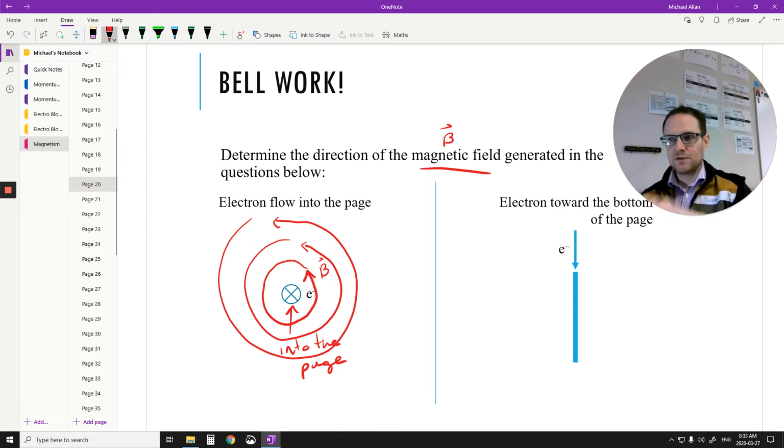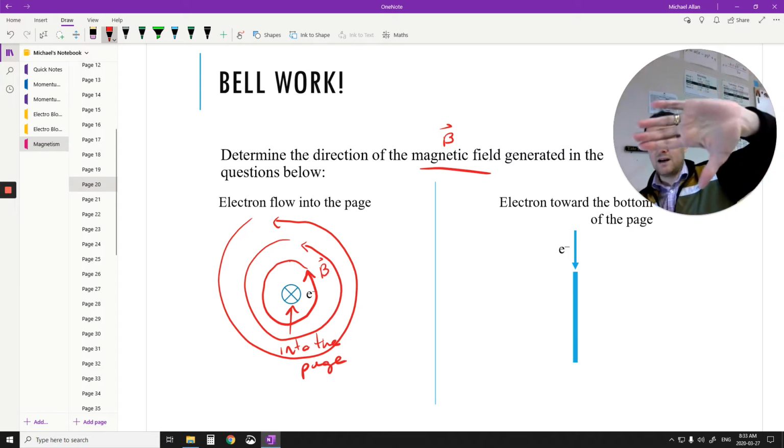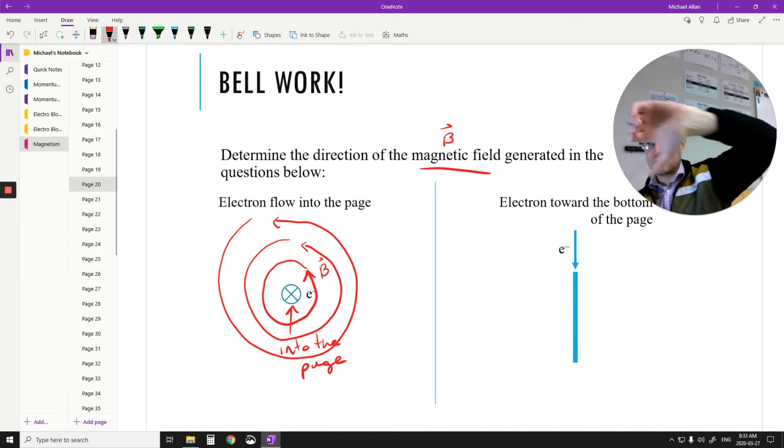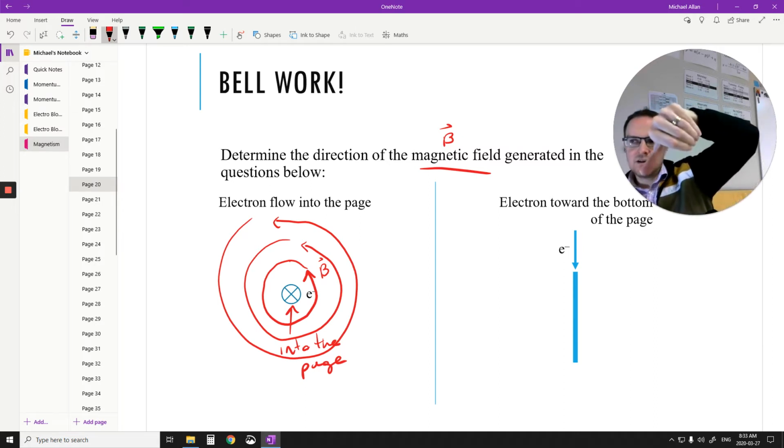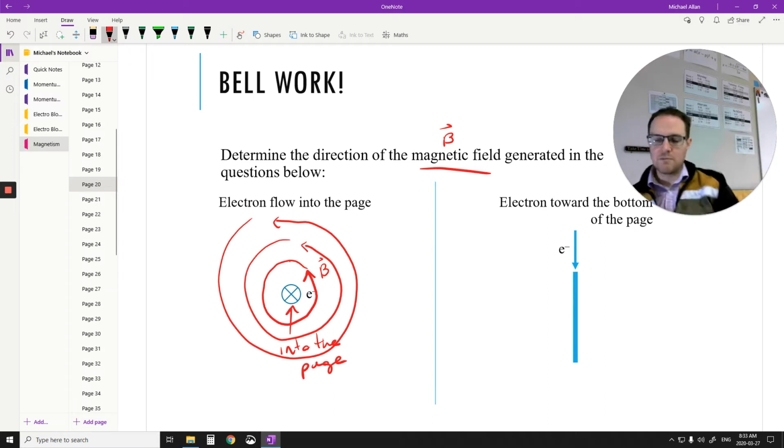Okay. So you're going to follow the same rule for the next one. You can see my electrons are flowing down. So again, I'm going to use my left hand. I'm going to point down, and then my fingers wrap around in this direction here. They're going to go out of the page on the left side, around the front, and then into the page on the right side, and then around the back.